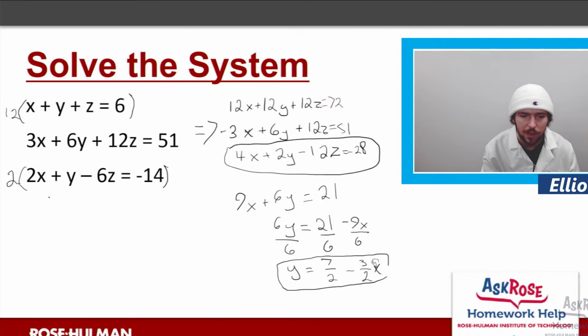So we're going to have to simplify, we're going to have to get rid of our y's in terms of z and x. So what we're going to want to do here is 3x plus 6y plus 12z equals 51.